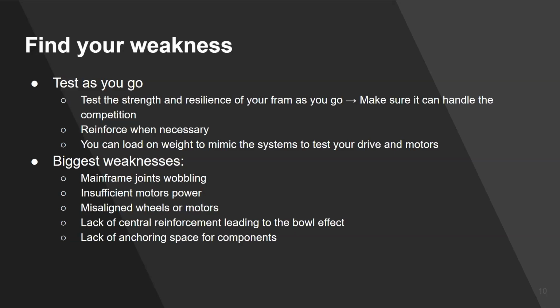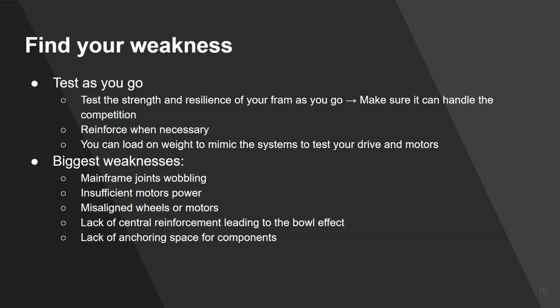And then the next point is the lack of central reinforcement leading to the bowl effect. A lot of frames that I've seen in the past are good on the outside, but they forget to take into account that most of the weight of your robot is going to be in the middle. And so what ends up happening is, especially if you have a plate of some sort that's holding all of your systems into place, all the weight going down in the middle is going to make your robot bend in the middle and make it look kind of like a bowl.